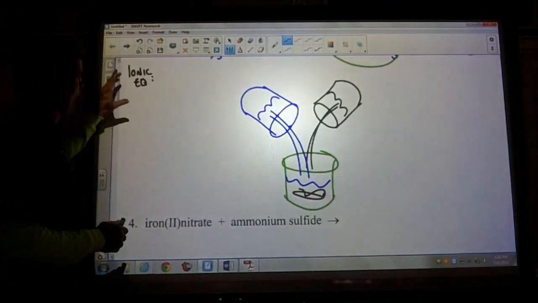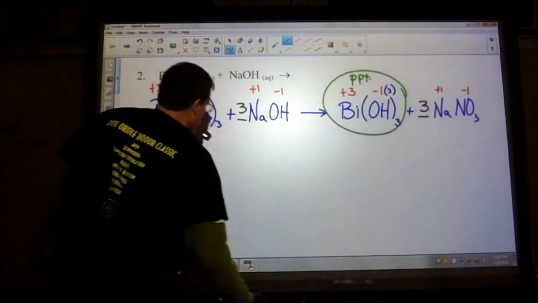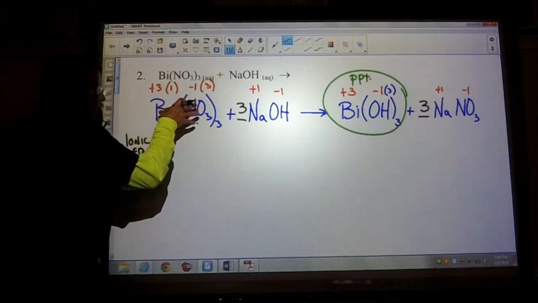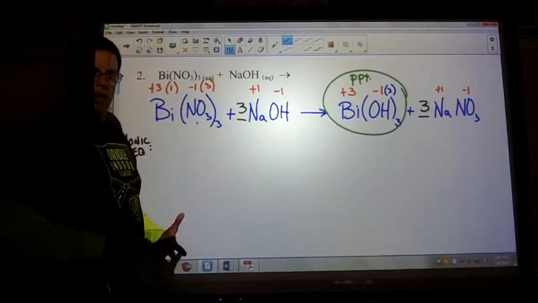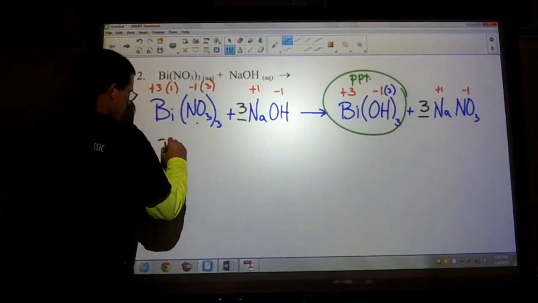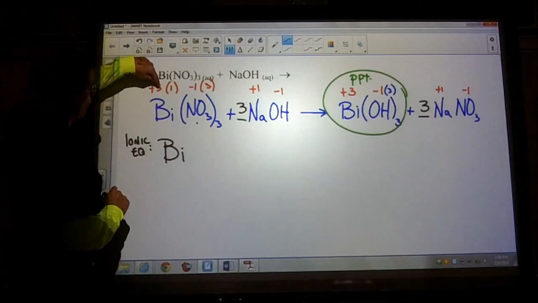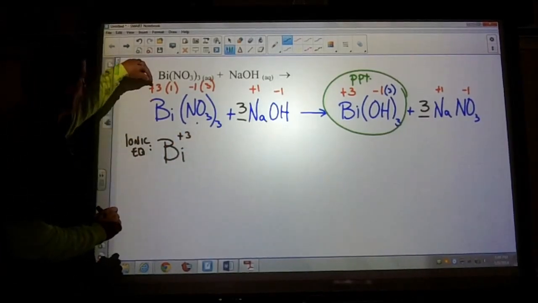Okay, so let's write out our ionic equation. Writing out the ionic equation, what we're going to do is we're going to break this compound into ions. In other words, into metal ions and non-metal ions. So the bismuth, Bi, has a +3 charge. Write that. We have one bismuth with a +3 charge.